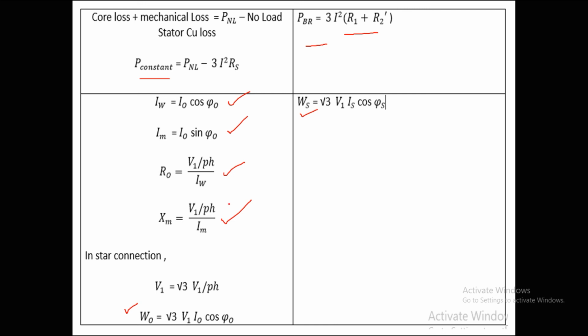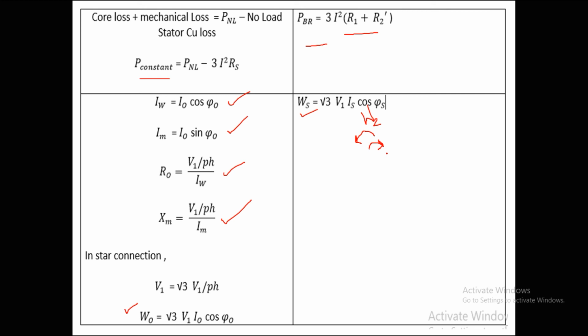We know that at the time of conducting the no load test, one of the wattmeters will have a negative deflection. So W2 is going to have a negative deflection. In order to make that a positive deflection, we interchange the current coil terminals.